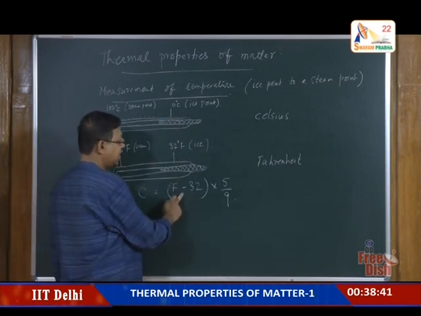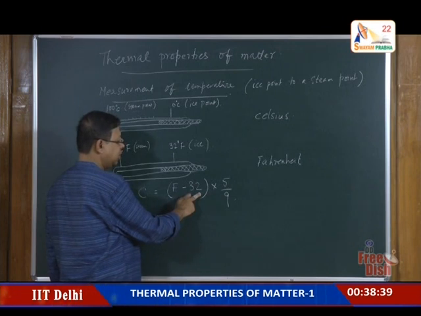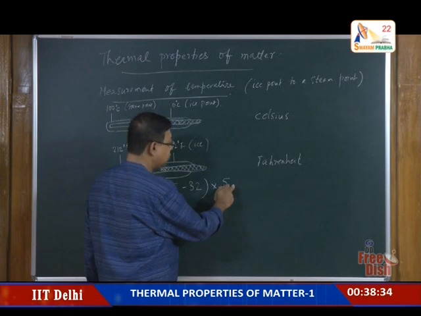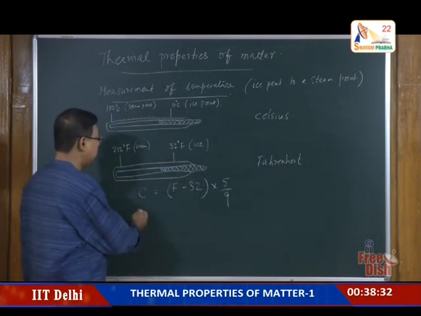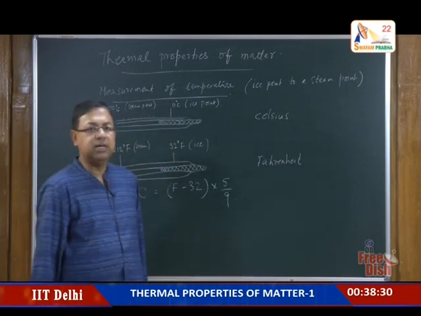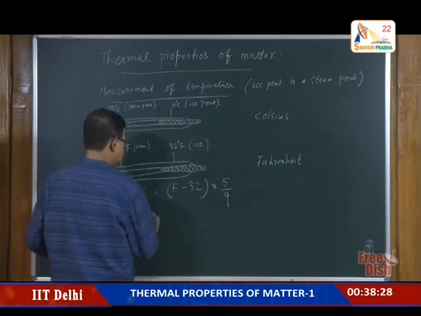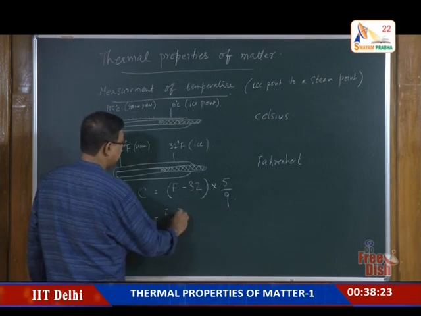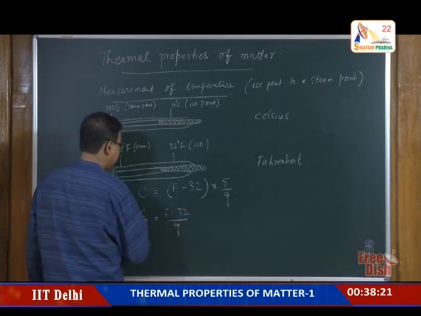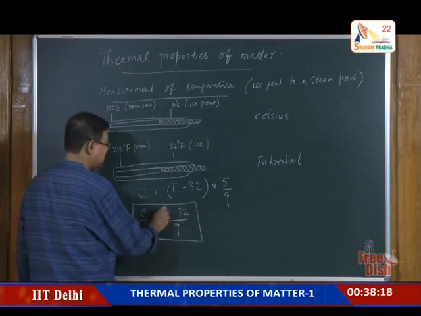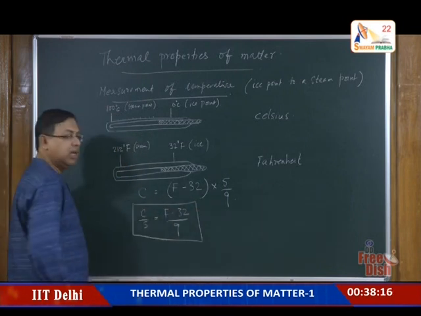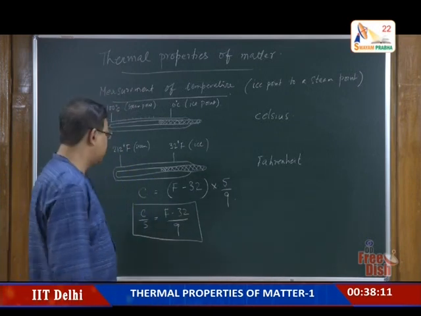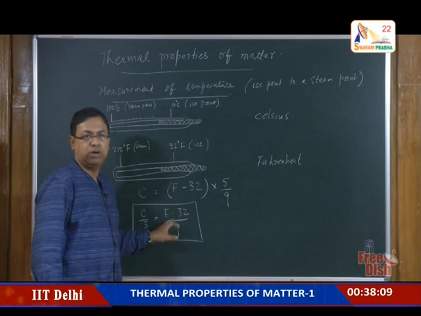So, in order to offset that, we have subtracted 32 from the Fahrenheit reading, and it has to be multiplied by the inverse of 9/5 in order to get the reading in the Celsius scale. So, typically we have C/5 equal to (F minus 32)/9 as the relationship between a Celsius temperature reading and a Fahrenheit temperature reading.